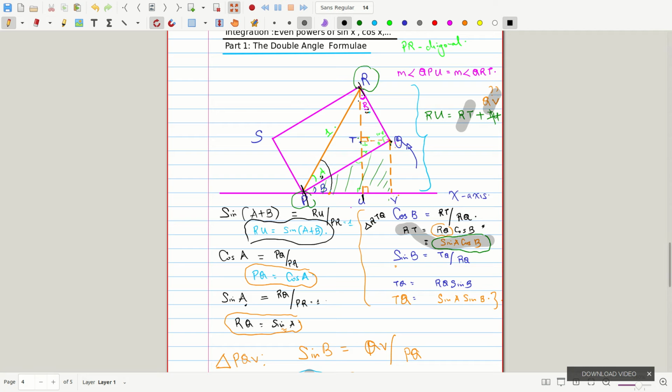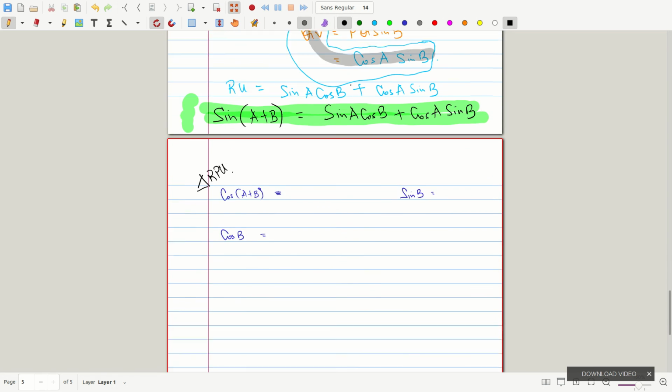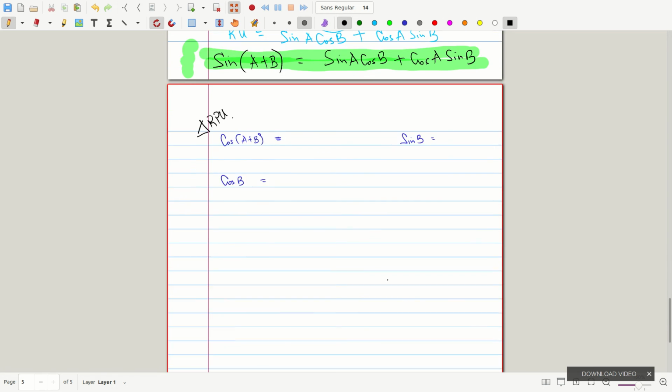But remember that PR is the diagonal of unit length, so it is equal to 1. So cos A plus B is equal to PU over PR, but PR is of unit length 1. Therefore, we can say that PU is equal to cos A plus B.